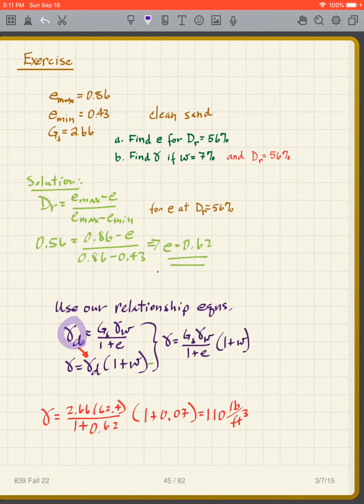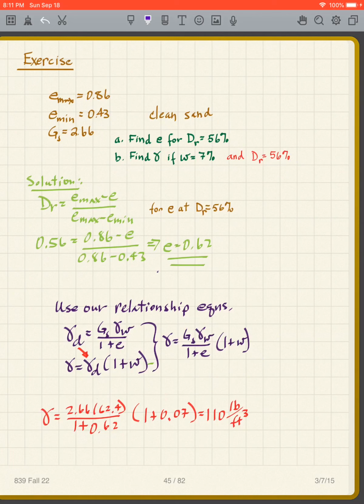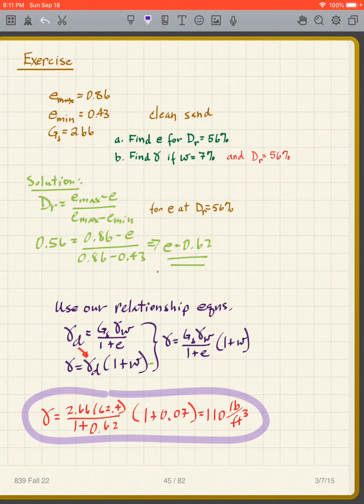If I substitute this into here, then I get that gamma is equal to GS gamma W times 1 plus w over 1 plus E, and I can simply put these numbers into this expression, and we get that gamma is 110 pounds per cubic foot.